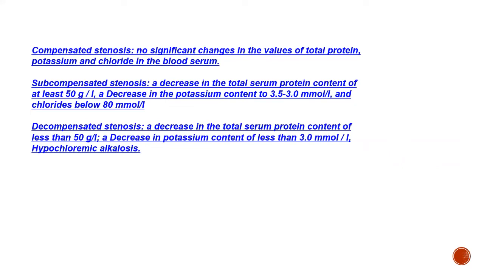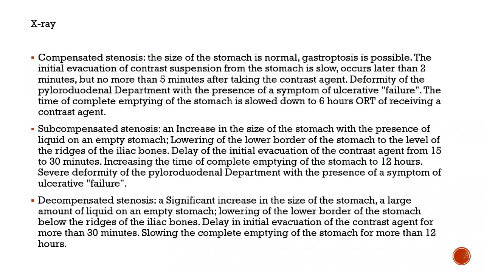The lab tests show a decrease in the total serum protein to less than 50 grams per liter, a decrease in potassium to less than 3 millimole per liter, and hypochloremic alkalosis. X-ray shows a significant increase in the size of the stomach with lowering of the lower border of the stomach.